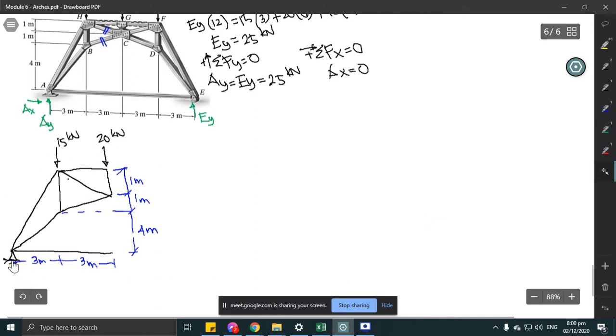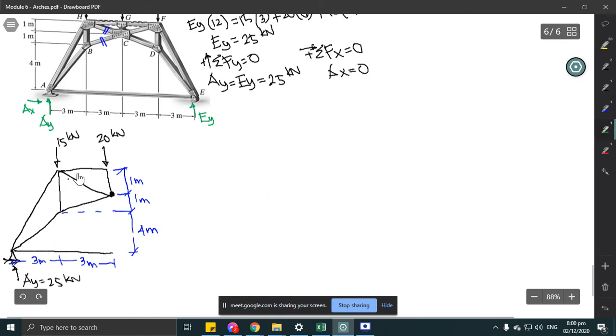The AY we computed earlier has a value equivalent to 25 kilonewton, so AY equals 25 kilonewton. And this is our crown, point C. So let's assume the directions of the forces in that member.